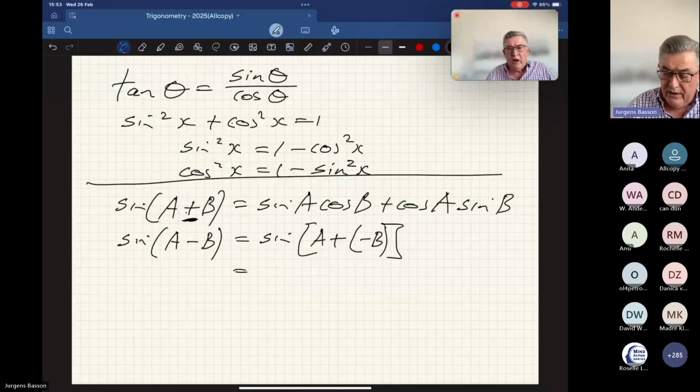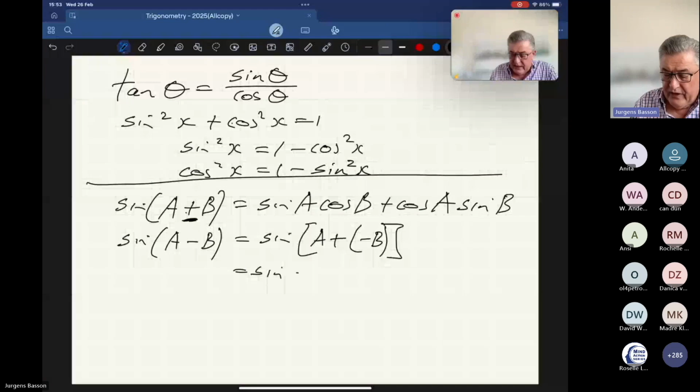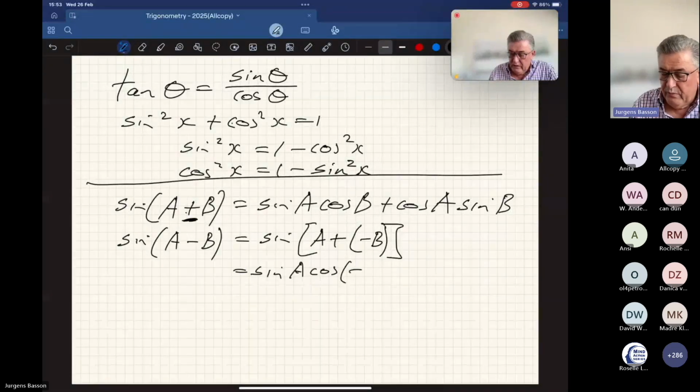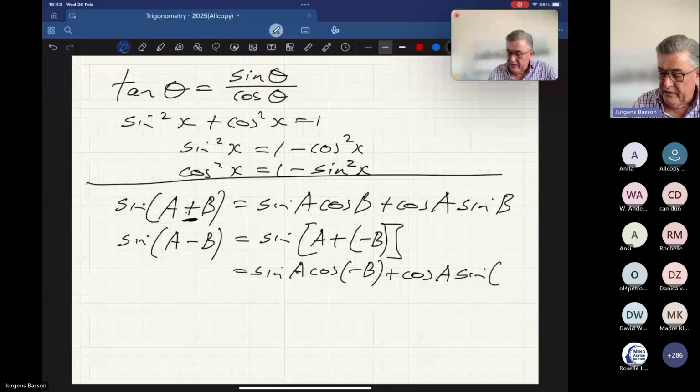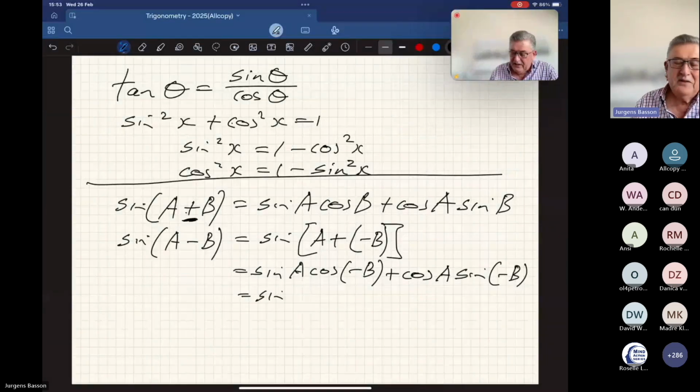So I can now use that given one, and I will get the sine of A cos of minus B plus the cos of A times the sine of minus B. Now you can see why I do this, because now they must know those rules for negative angles.